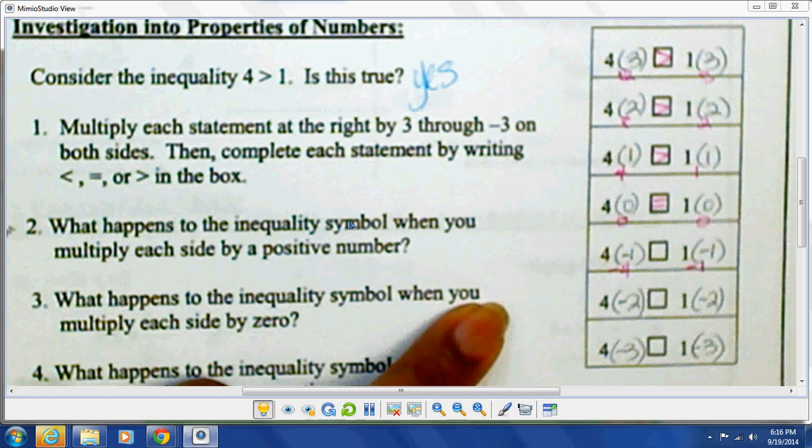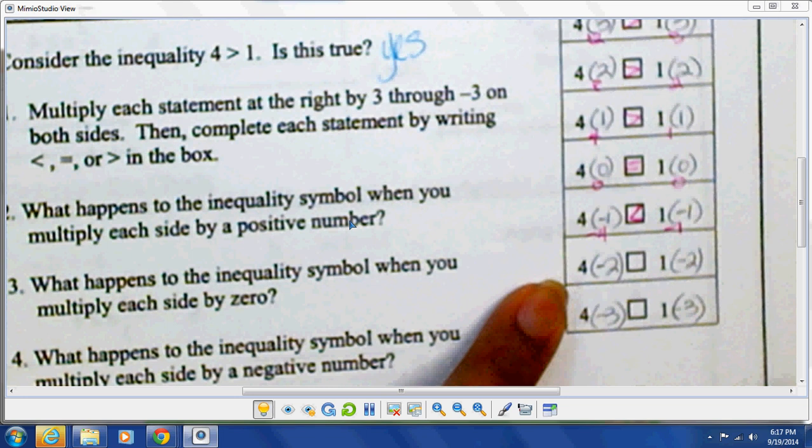So if a positive 4 is greater than a positive 1, then a negative 4 is less than a negative 1. Because remember, the more you go into your negatives, the smaller you get. It's like going down into a hole. The bigger the number looks, the deeper you're going, so you're actually lower or smaller.